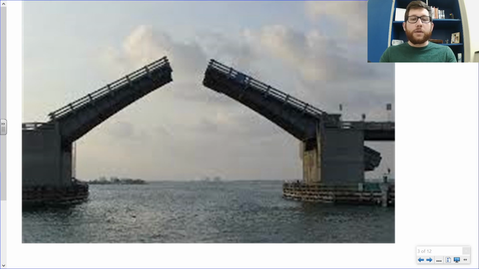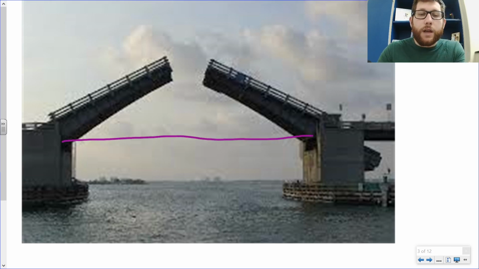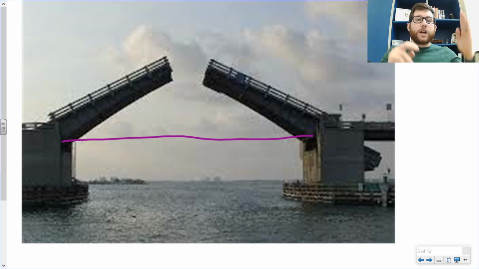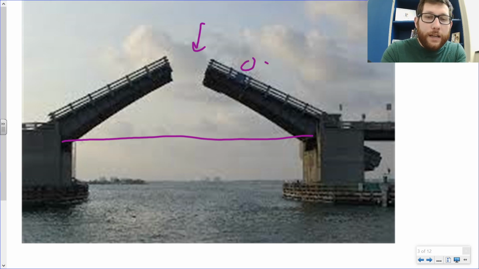Now, we see this all the time. Well, maybe not all the time, but if you ever go on a drawbridge, okay, the bridge is flat and it starts to open up, but it's not a triangle. Notice there's space here, right? And you might have seen it in a movie where somebody takes their car and they're like, I'm an expert artist here. Here's their very fancy car. Perfect. Look at that.